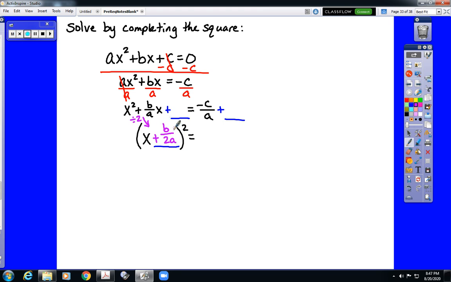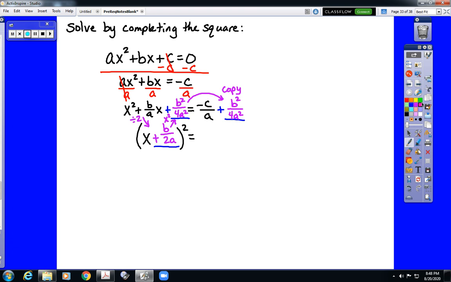We take that value and we square it. So we're going to take that fraction and square it. That would be b squared on top, because that's b times b, and 4a squared on the bottom, 2a times 2a. Whatever value we have there, just like every other example, gets copied over to the right side to keep the equation balanced.